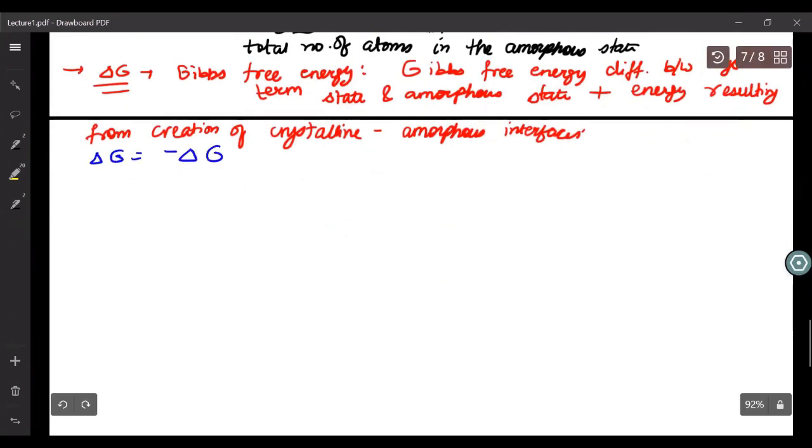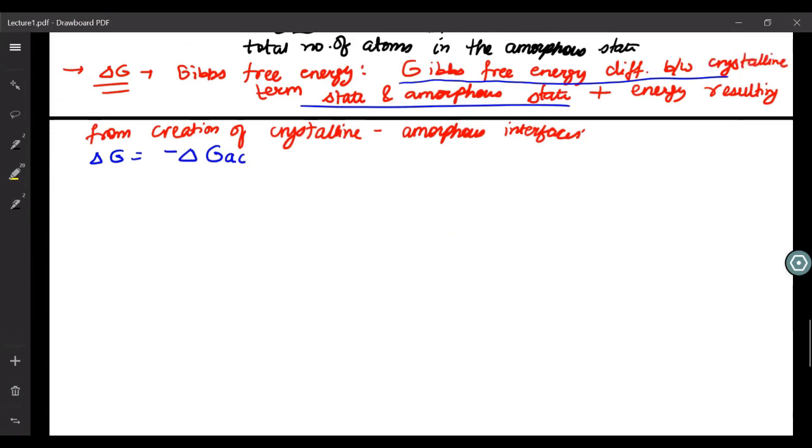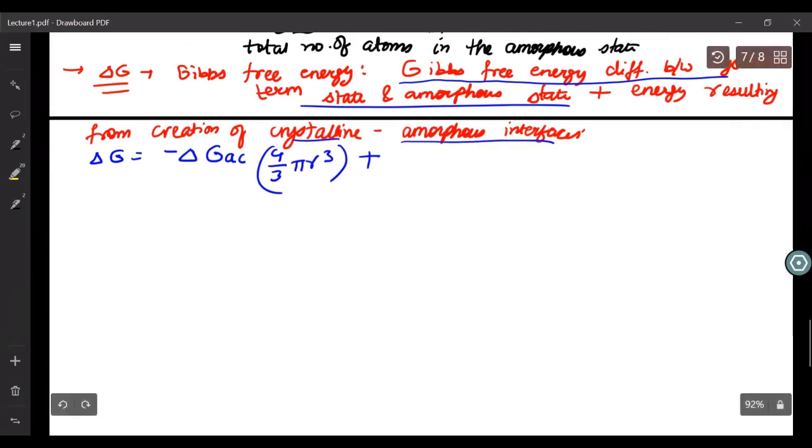Let's call that minus GAC, which represents the Gibbs free energy difference between crystalline and amorphous state. And this is a volume phenomenon, so here we'll multiply it with the volume, where r is the radius. And then we have the interface phenomenon between the crystalline and amorphous interface. And since this is an interface, it is a surface-area dependent component.